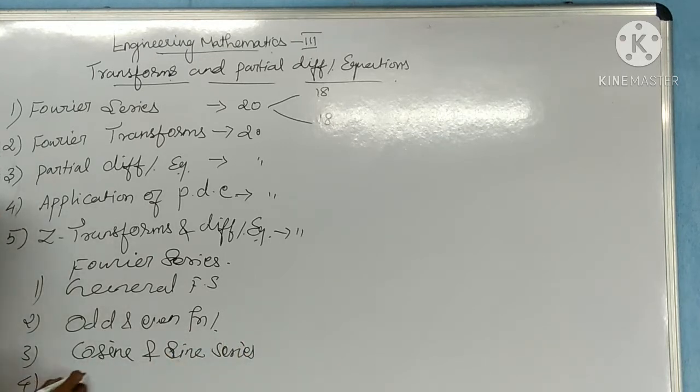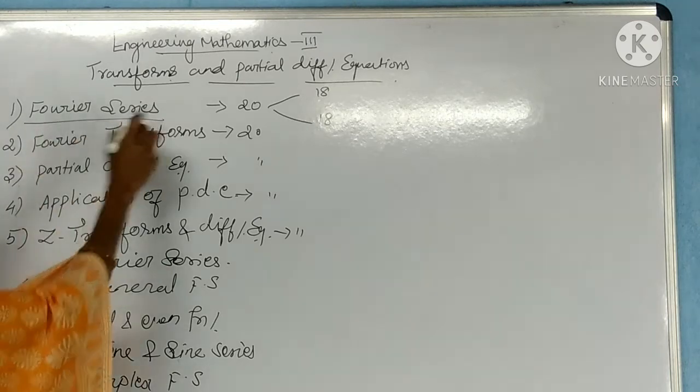Fourth one is complex Fourier series. The fifth one is Parseval's identity. And the last one is harmonic analysis. These 6 chapters are covered in the Fourier series.